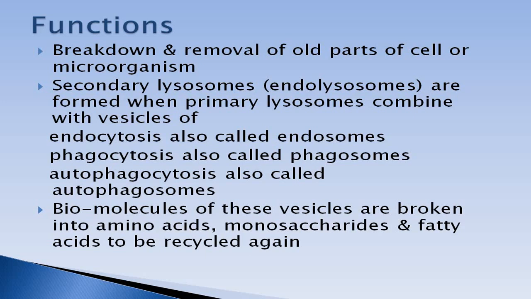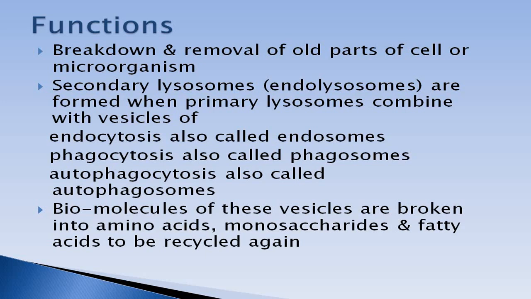So these vesicles, which may be formed by endocytosis, by phagocytosis, or by autophagocytosis, when they combine with the primary lysosomes, make up secondary lysosomes. These secondary lysosomes are also called endolysosomes. Secondary lysosomes release their enzymes in the endosomes, phagosomes or autophagosomes and destroy whatever particles or molecules are present in them.